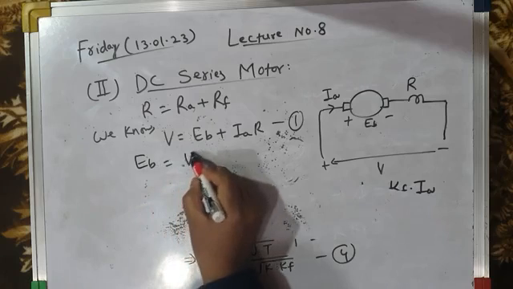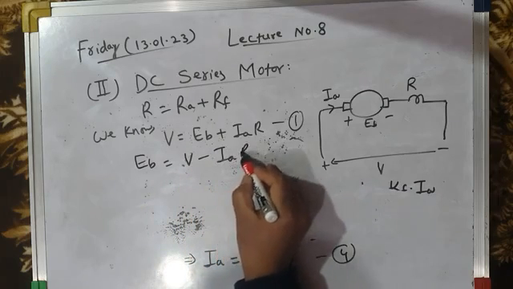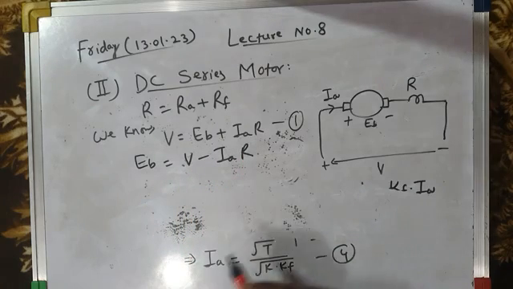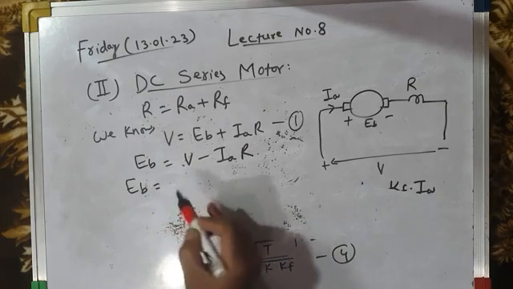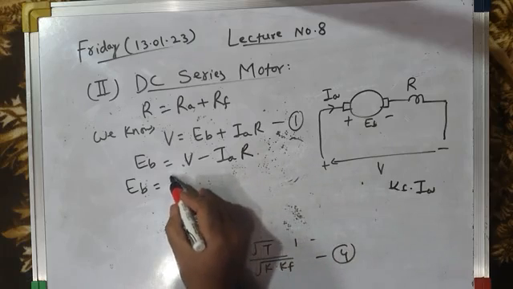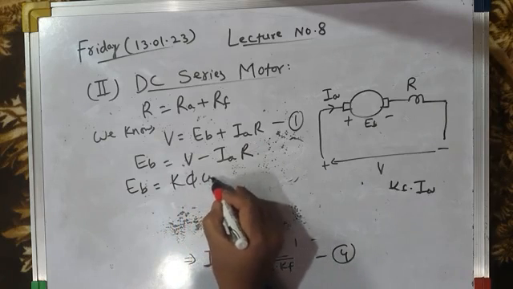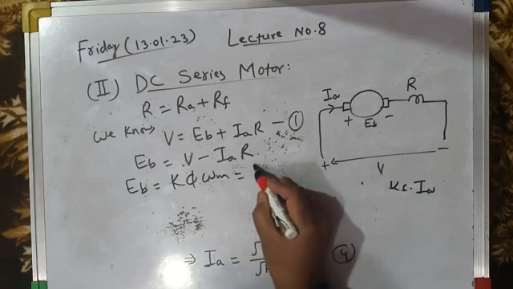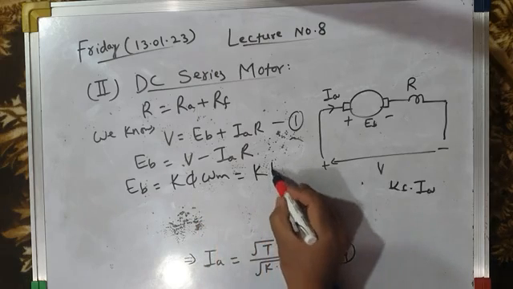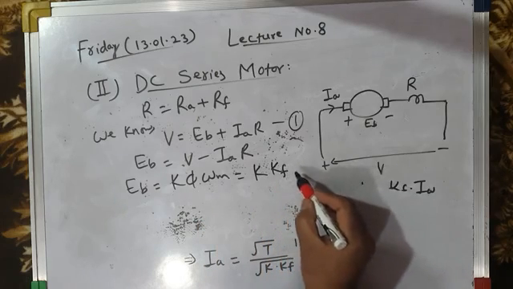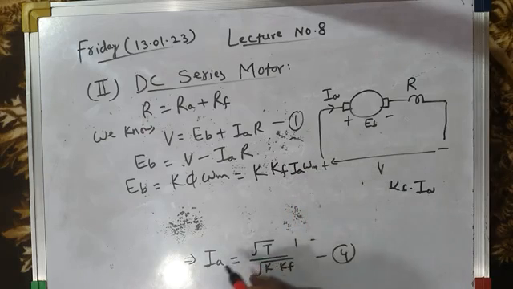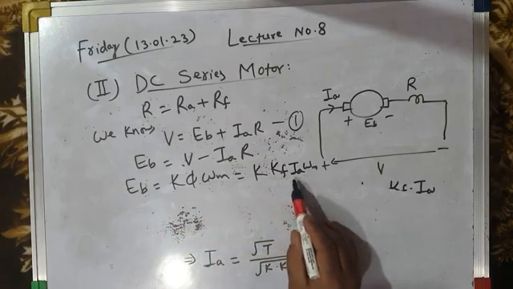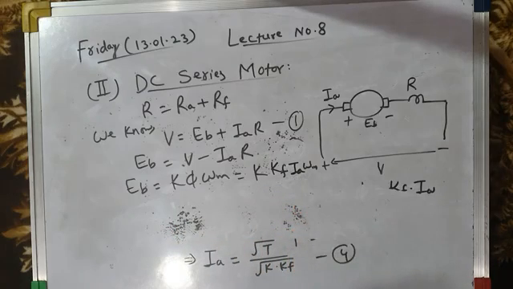EB is equal to V minus IA into R. Now, from equation 3 we have found that EB is equal to K phi into omega m, which is equal to K into Kf into Ia into omega m, since phi is Kf into Ia. So EB is equal to K Kf Ia omega m.